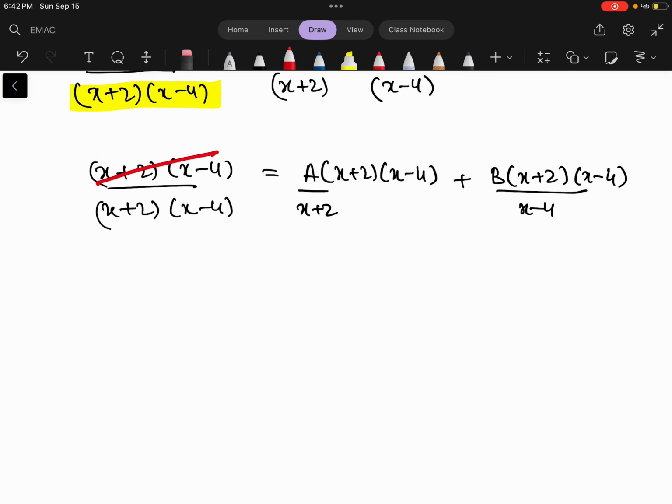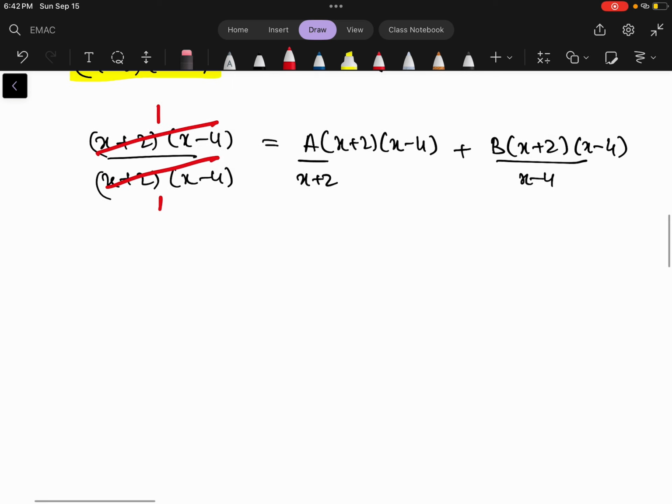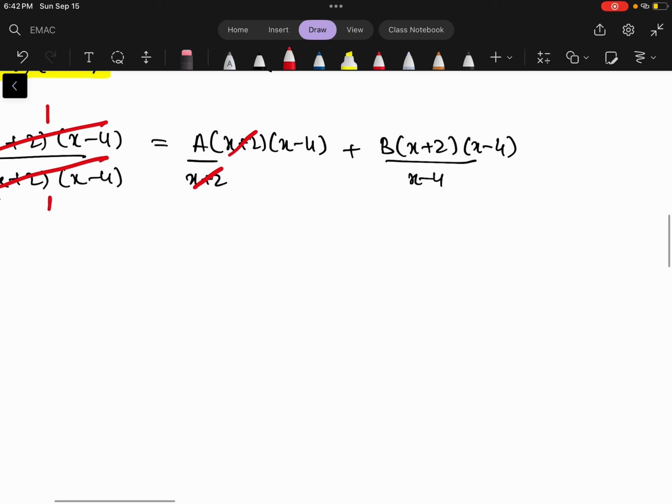So obviously on the right hand side, they cancel out. And on the left hand side, you can see the x plus 2 terms cancel out in the first one. And for the second one, x minus 4 cancels out. So we're left with 1 is equal to a into x minus 4 plus b into x plus 2.